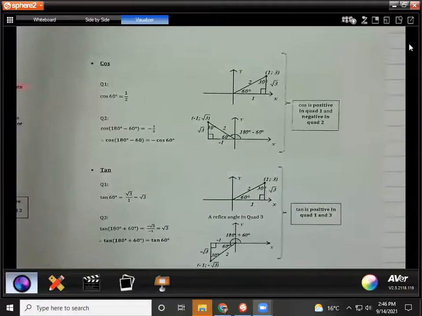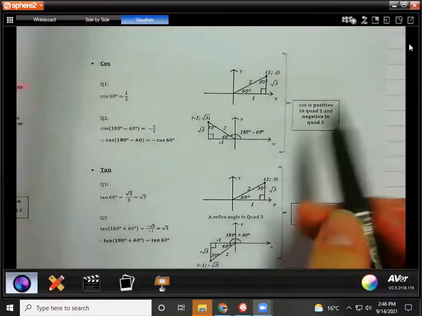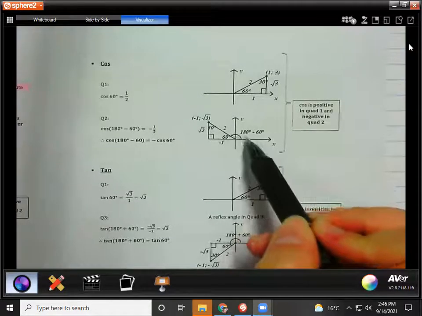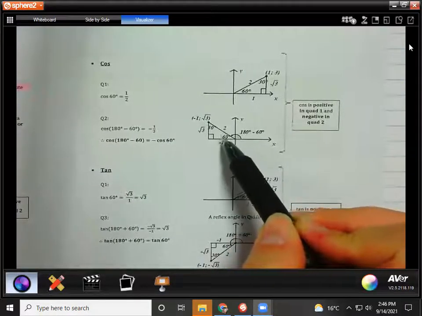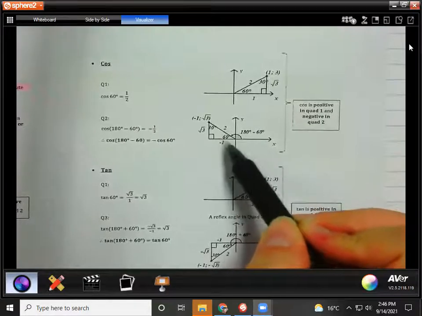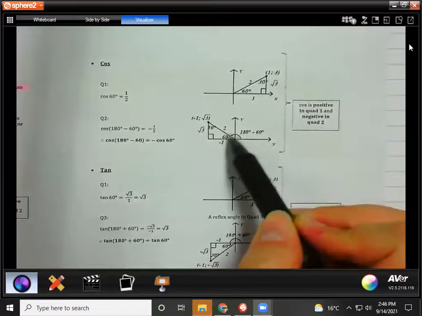Which is what they put in brackets. So you can see that they've drawn the triangle here. We're going 120 degrees, meaning that the acute angle in the triangle is actually going to be 60.